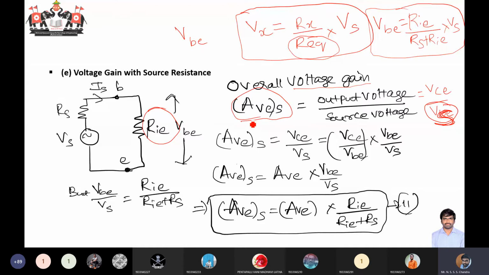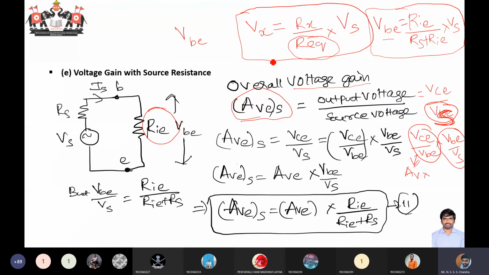I can rewrite this equation as VCE by VBE into VBE by Vs. This value we have already calculated, it is nothing but your AV.